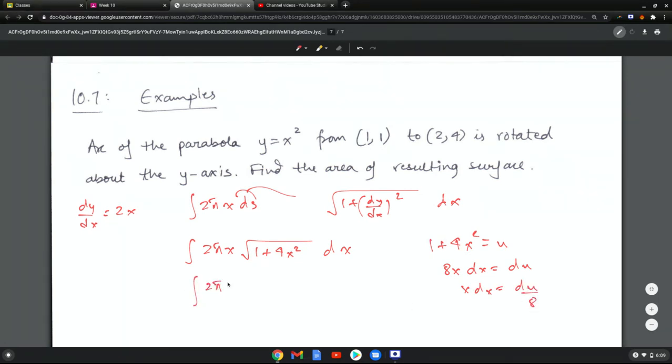So I have 2 pi root u du over 8, which is pi over 4 times u to the 3 halves over 3 halves, whereas x goes from 1 to 2, so u is from 5 to 17.